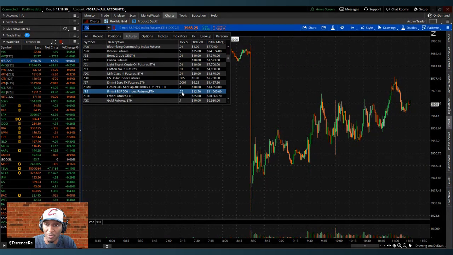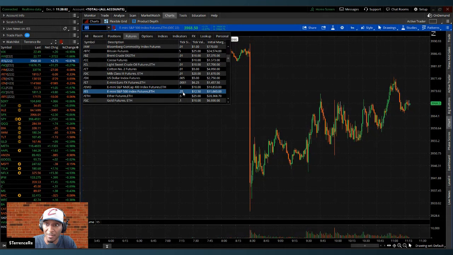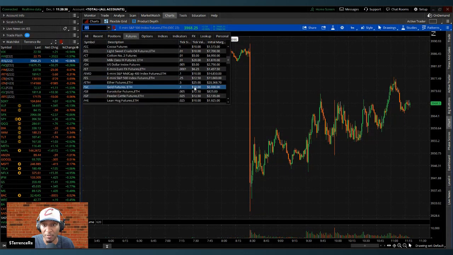You see where it says tick, 0.25, and it says tick value, $12.50. So every time you see that tick, if you're trading that, it's $12.50. You got to have about 12 grand in your account to be able to trade it. And then here you go. So you can look up whatever you want to trade.